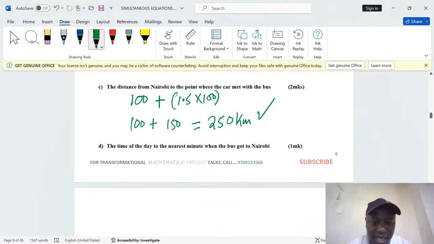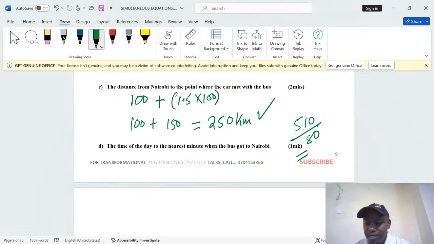If we consider the bus, we will still get the same distance. And finally we have the time of the day, to the nearest minute, when the bus got to Nairobi. Remember, the bus is not getting a puncture anywhere. It is covering a distance of 510 at a speed of 80. Therefore, the bus is going to arrive after some hours. 510 out of 80 is going to be 6 hours 22 minutes.